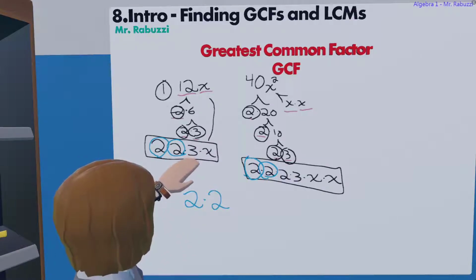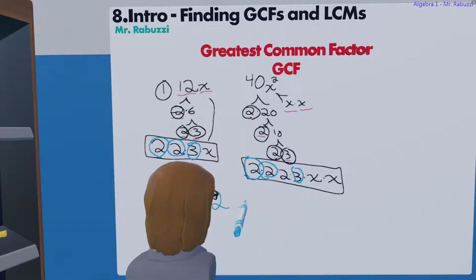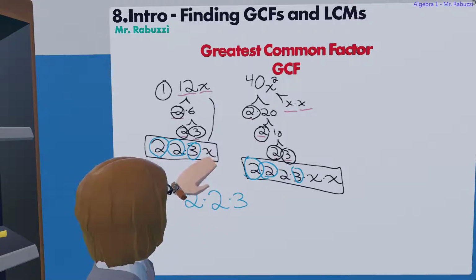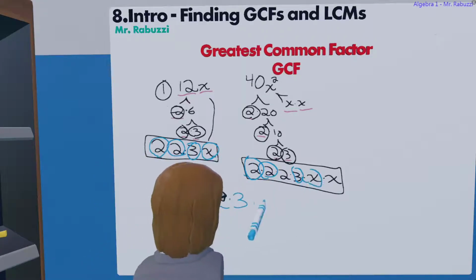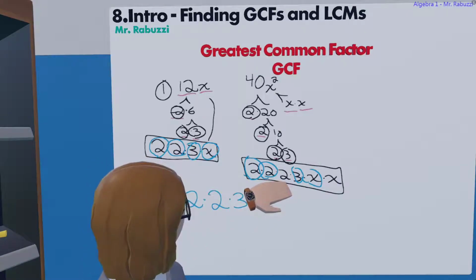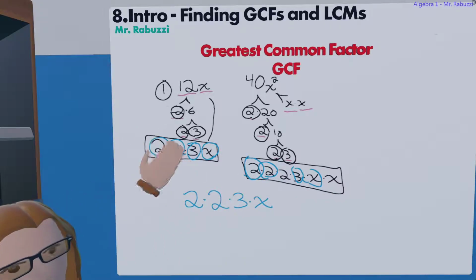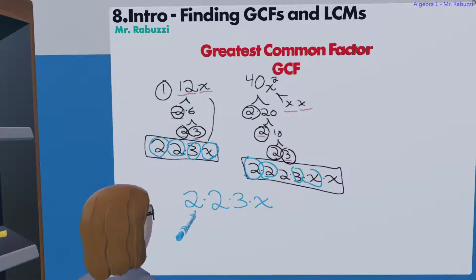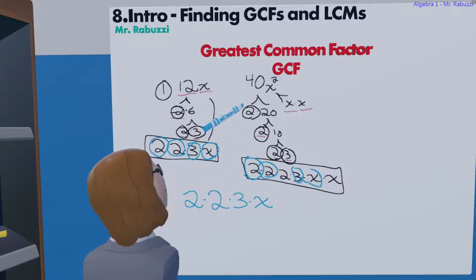Okay, now we have a 3, and this side has a 3. Okay, so those are common. Then we have an x here and an x here. Okay. Now this side has another 2 and another x, but they don't have any partners over here. They have to match on both sides, or we can't put it in our answer. So this right here, 2 times 2 times 3 times x, is our GCF.